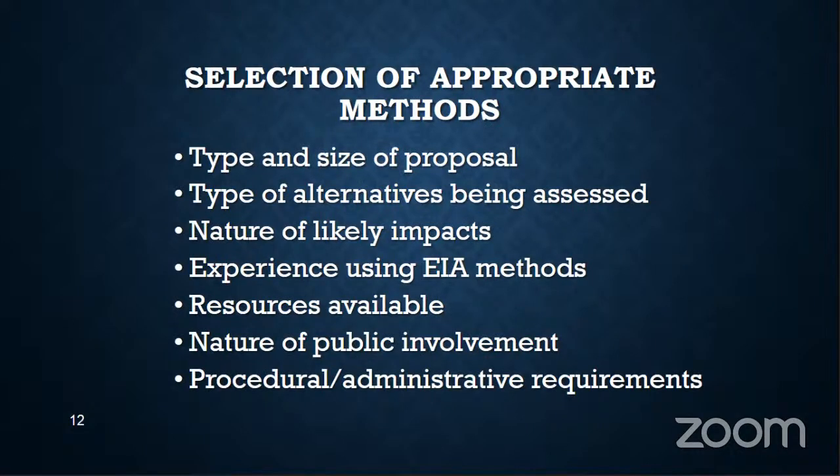Type and size of proposal, type of alternative being assessed, nature of likely impacts, experience using EIA methods, resources available, nature of public involvement, procedural or administrative requirements. These things we can consider here for selecting an appropriate method.